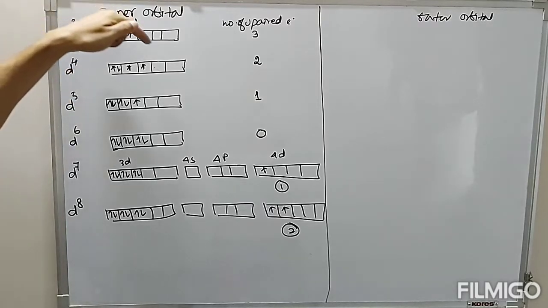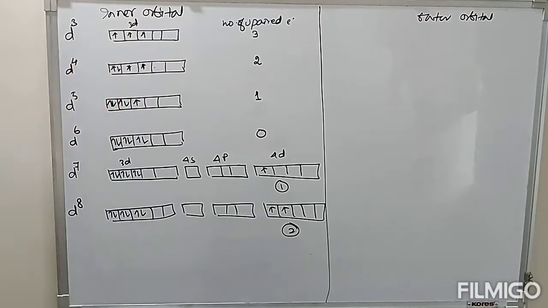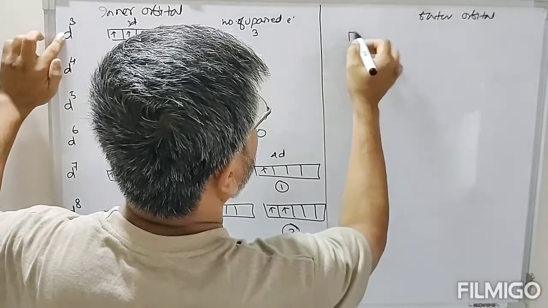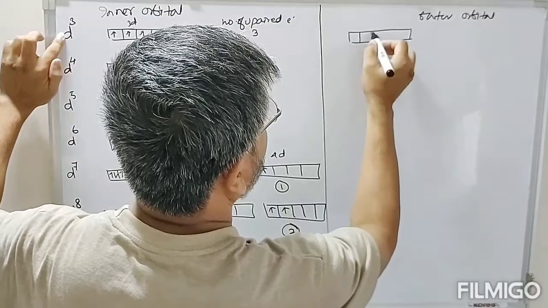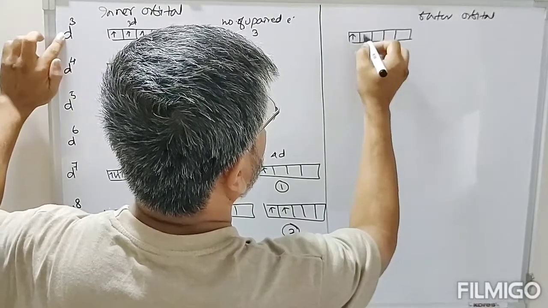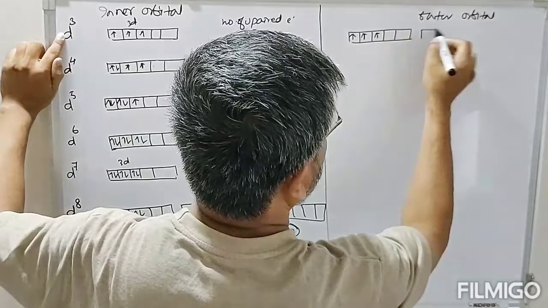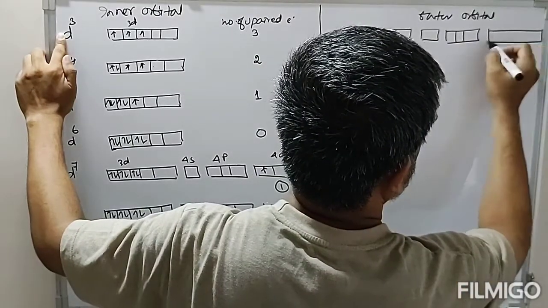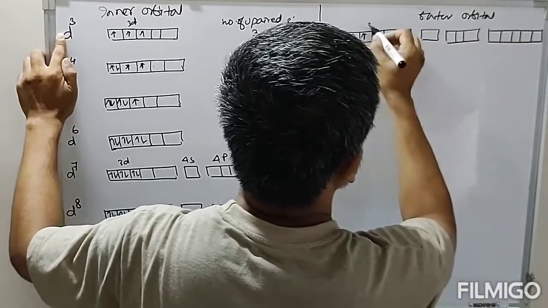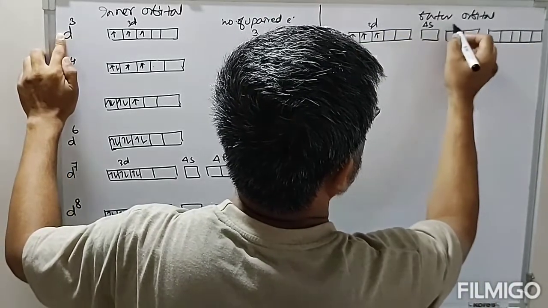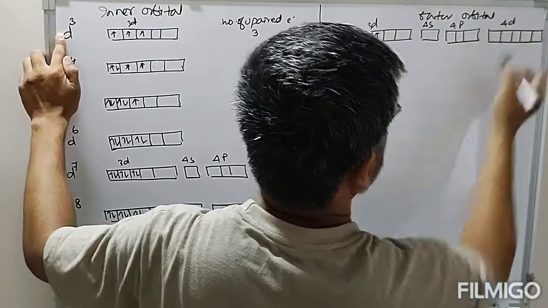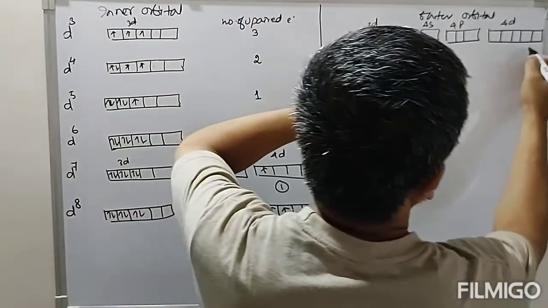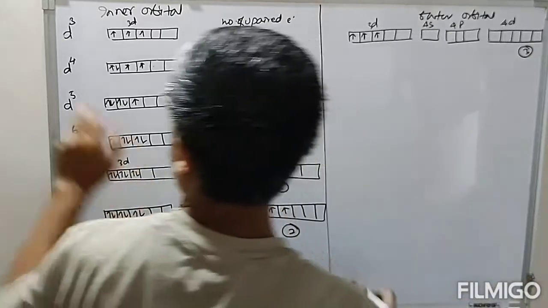For this we have to make two d orbitals vacant and available in 3d. Outer orbital d3: we have 3d, 4s, 4p, 4d. Already two d orbitals are left, so the number of unpaired electrons is 3.